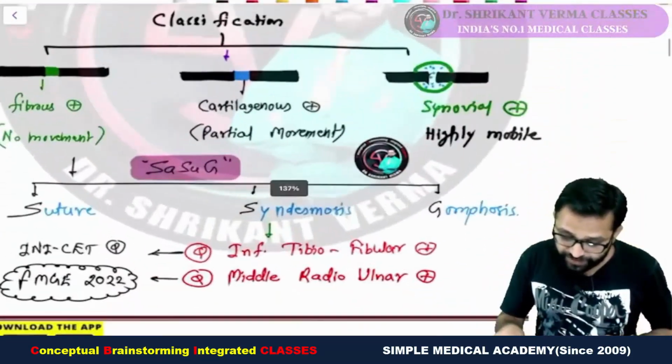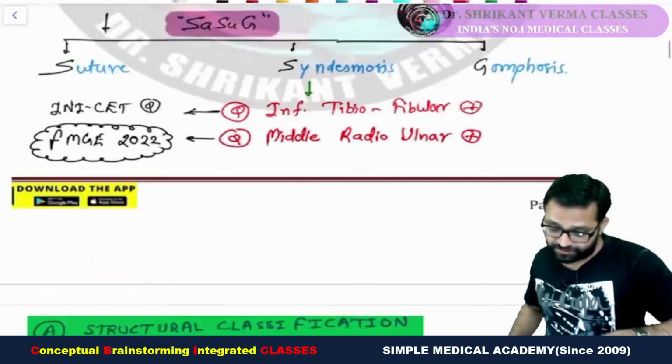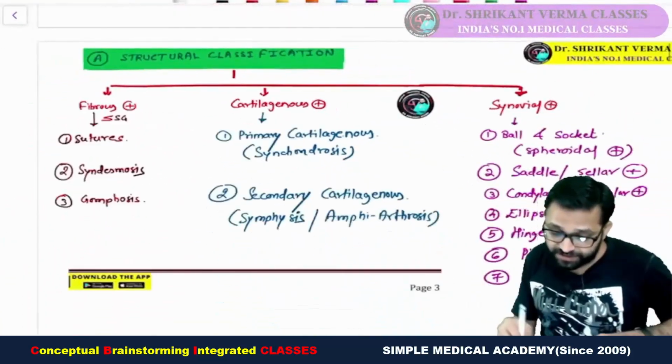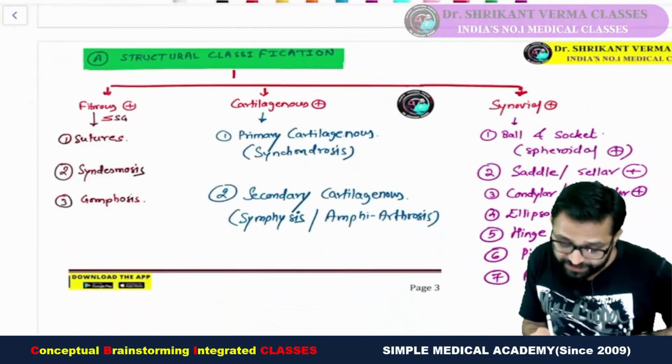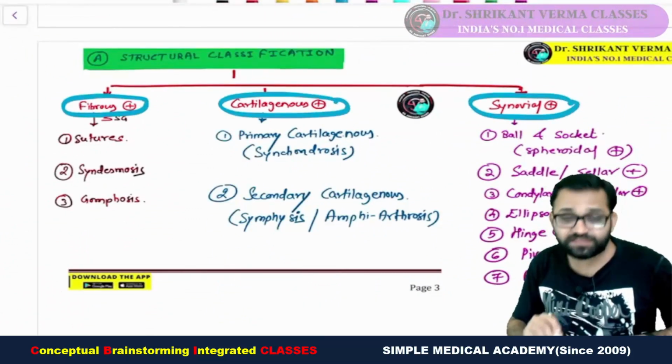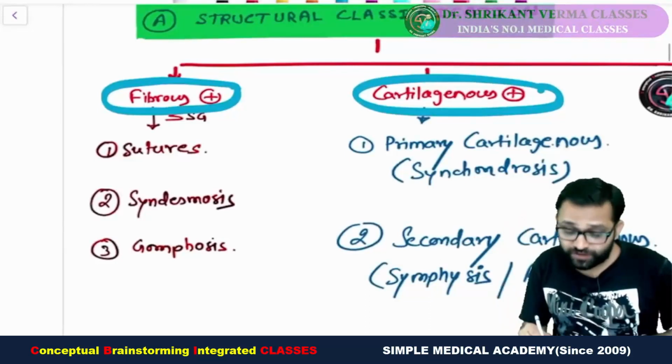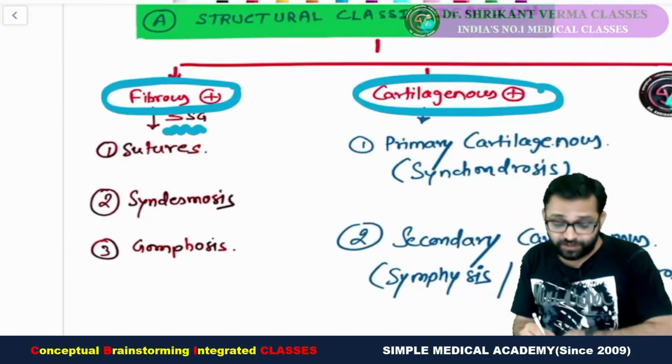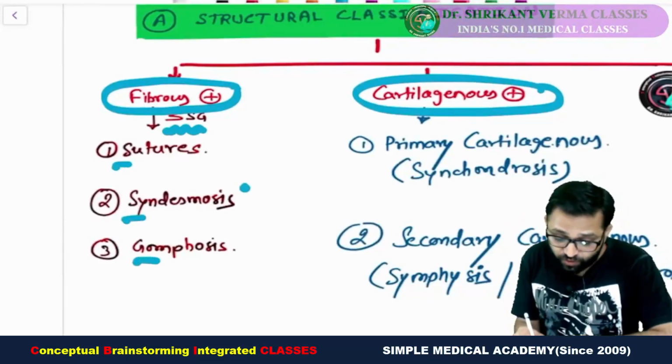Yes, we had seen all this classification. We had seen this structural classification. Joints are fibrous joint, cartilaginous joint and the synovial joint. I told you the fibrous joint mnemonic was SASUG: sutures, syndesmosis and the gomphosis.